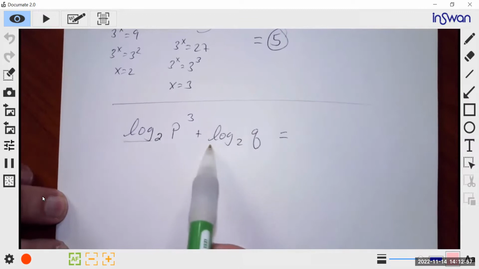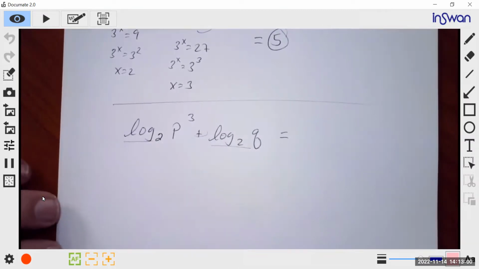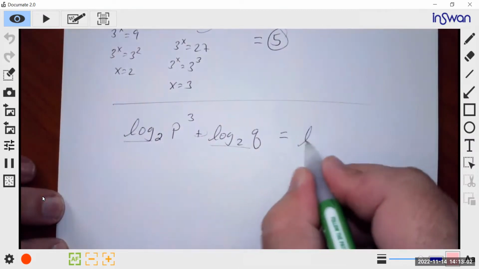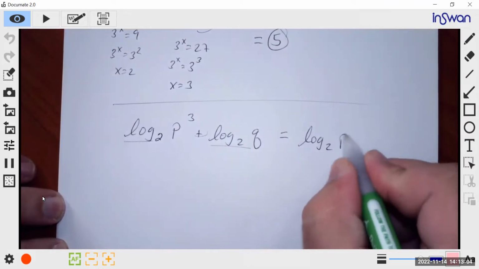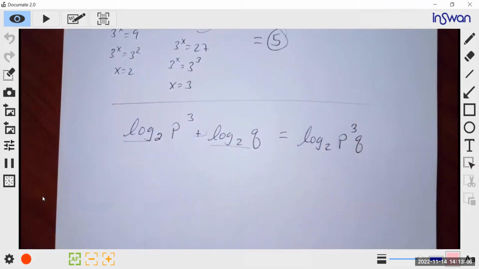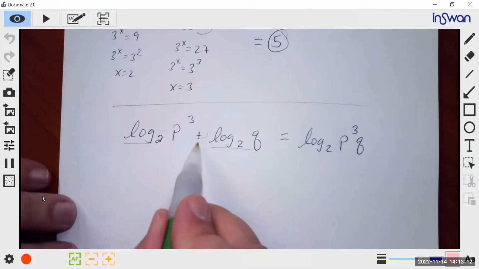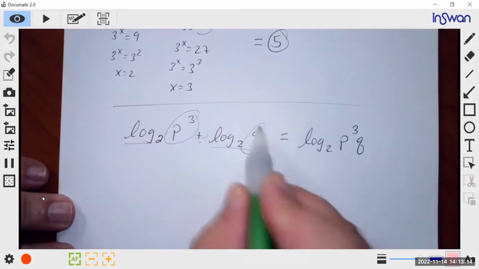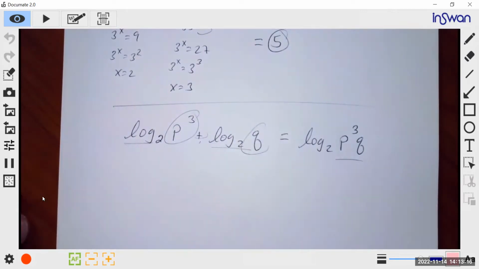We have the same logs and they're added. How can I condense it? When you're adding them, I just take these two and multiply them together. Because you have to look at those properties and you have to be able to go both directions.